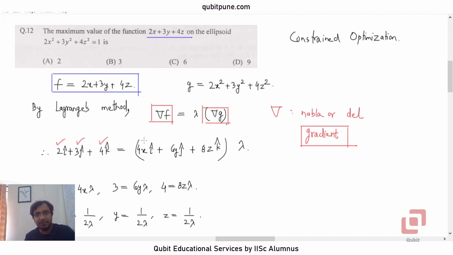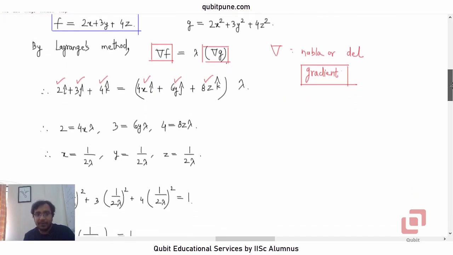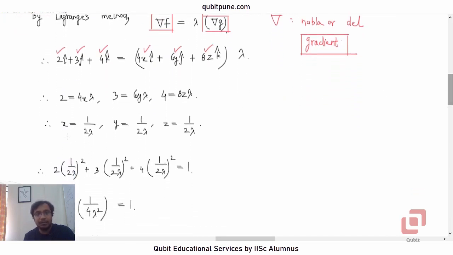And similarly, if we find the partial derivatives of the left side with respect to y and z, then we'll get 6y and 8z. Now we have to solve this equation by comparing the coefficients. What do we get? We get 2 equal to 4 lambda x, 3 is equal to 6 lambda y, and 4 is equal to 8 lambda z.